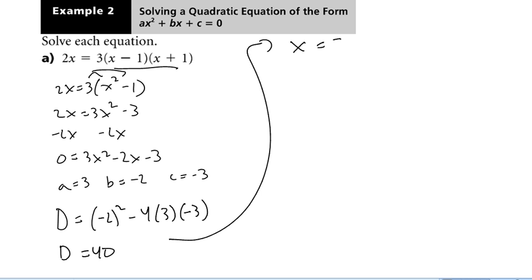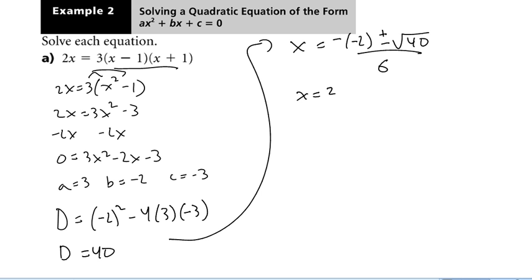So x is going to equal negative negative 2 plus or minus the square root of 40 all over 6.